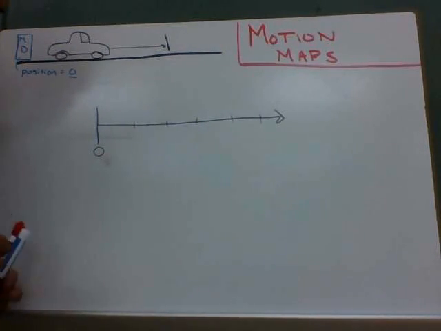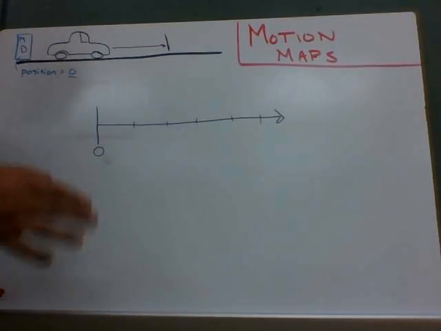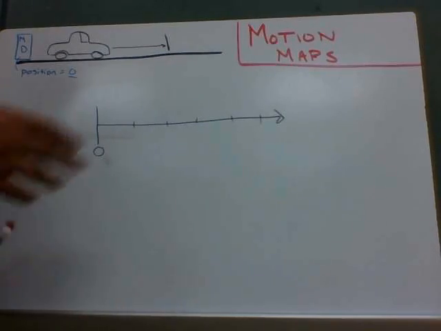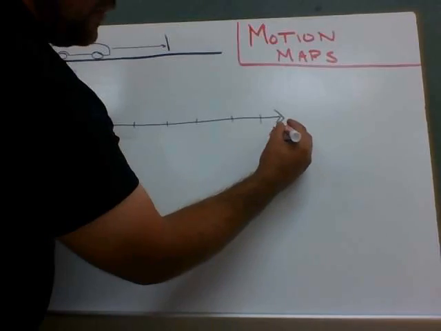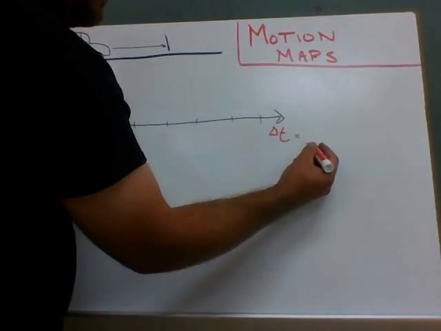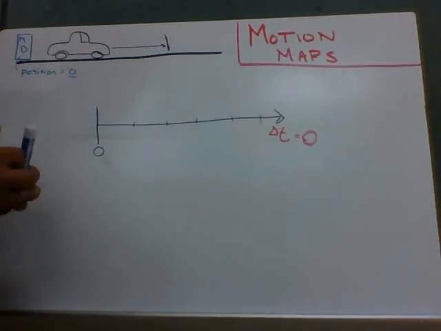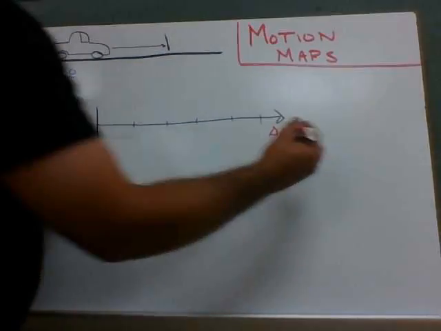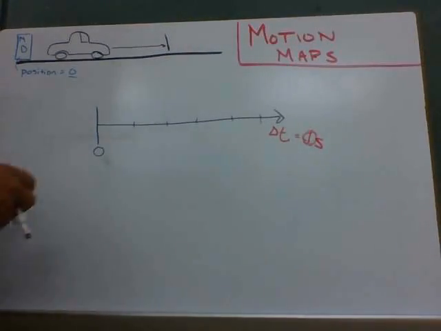So the first thing we need to do to figure out our motion map, the motion map basically tells us where the object is at every given time interval. So typically on a motion map, I have to do this delta t is equal to some number. Okay, and so we could be looking every second. Well, if I'm looking every second, if I write 1 second there, then I'm going to put a dot down every second where it is.